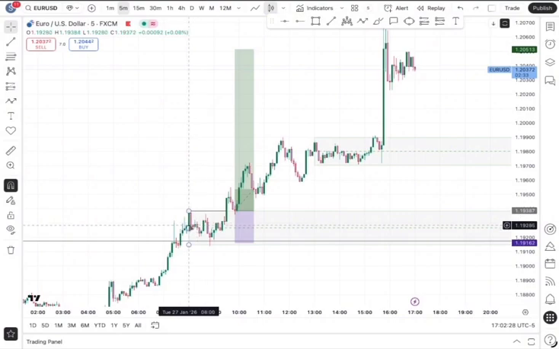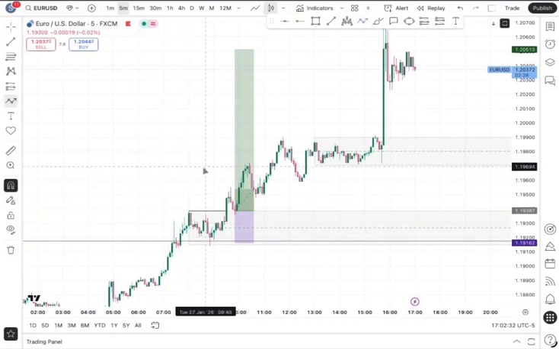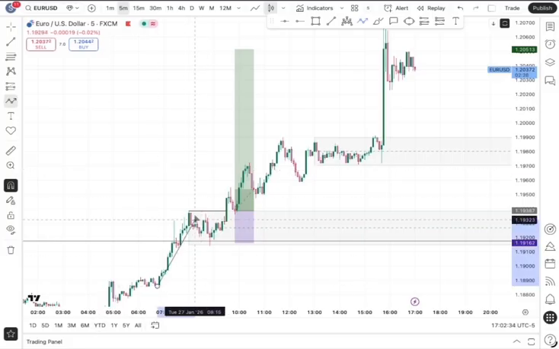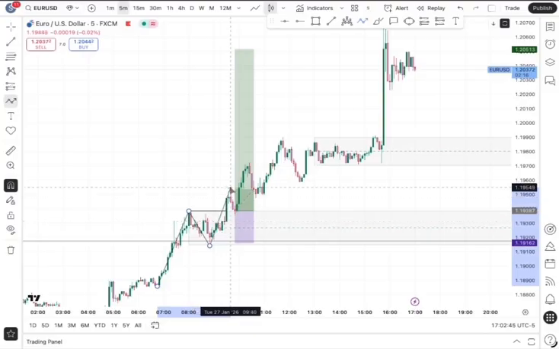So break of structure, market was going in bull, bullish movement, go up. Then this was a reverse, then went up again, and then tap into my area, and that's when it took off.